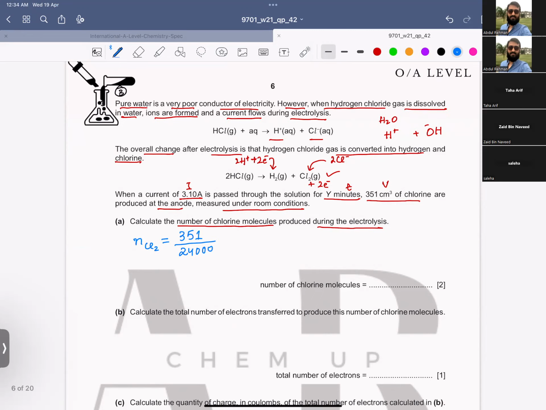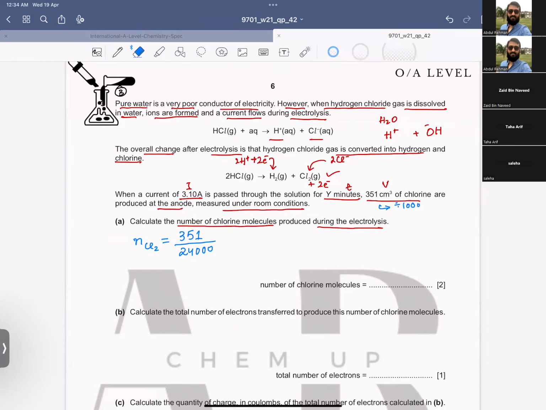So can anybody divide it and tell me the answer? Sir, can we convert this into decimeter cube? Yes, either way. If you convert this into decimeter cube by dividing by 1000, then you would use 24 in the denominator instead of 24,000.